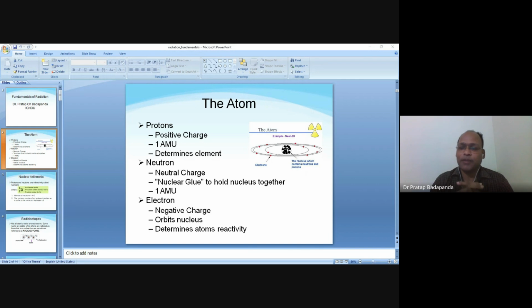Take the example of hydrogen: hydrogen has three isotopes, protium, deuterium, and tritium. The atomic number of hydrogen is 1, so in protium proton is 1 and neutron is 1. In deuterium, proton is 1 but neutrons are 2. In tritium, proton is 1 and neutrons are 3.